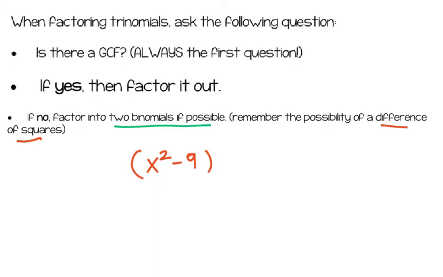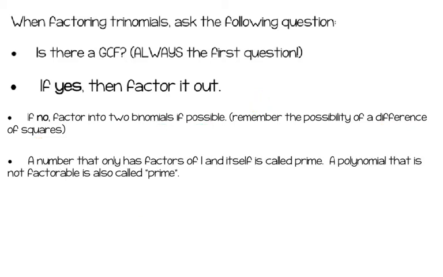And so what mistake people make is they think, okay, well then it's not factorable. So remember that this one is factorable. It's a special pattern, and the way it factors is you take x plus 3 and x minus 3, and that will give you the x squared minus 9 because your middle terms cancel out. So I want you to remember that, because that's kind of like an exception to the rule of what we're going to be talking about today. So I just want you to remember that that's there.